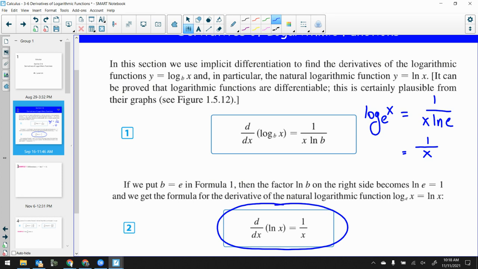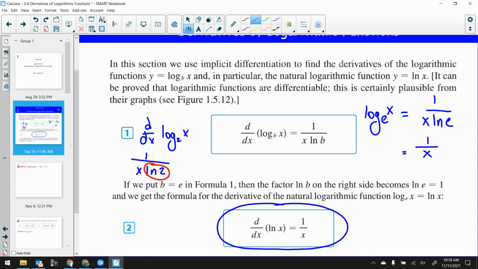If it's the derivative of any other log, like d over dx of log base 2 of x, I don't know why I would ever have a log base 2, but that would just be 1 over x ln of 2. Now, remember that that's just a number, right? Whenever we have a natural log or a logarithm of a number, that's just a decimal. I could go to my calculator and do ln of 2 to figure out what that decimal would be.